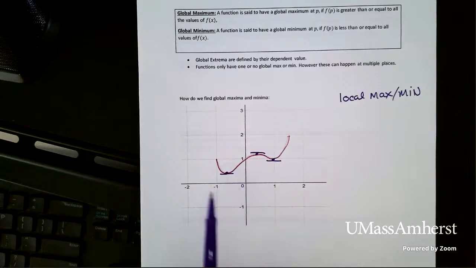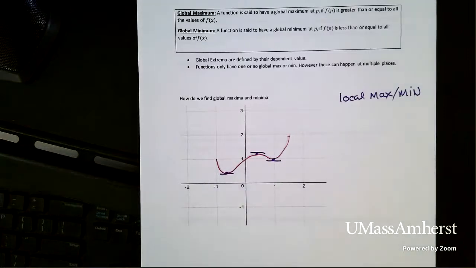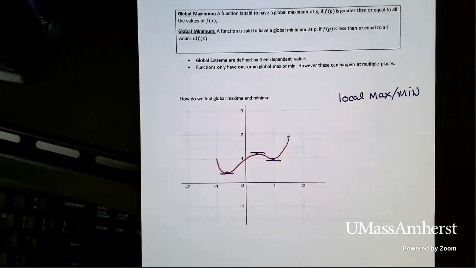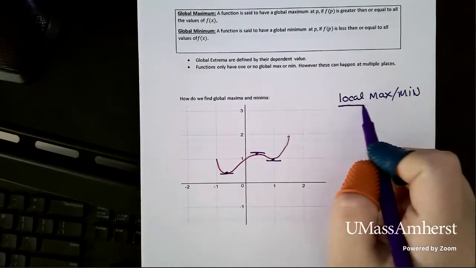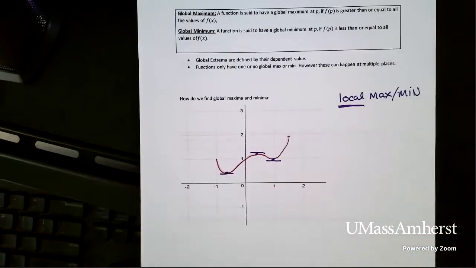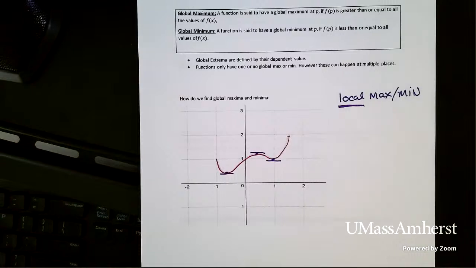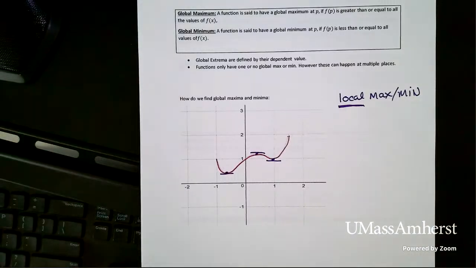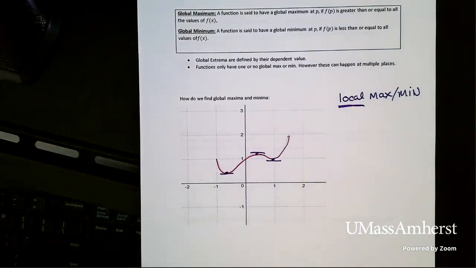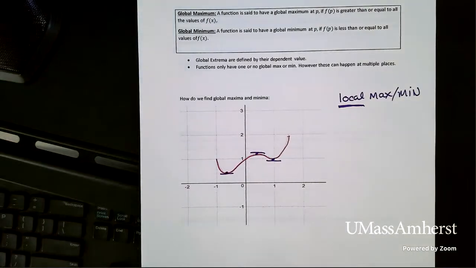And we said that it's a high or low point in a small area, right? That's what the word local told us. So now what we're going to be talking about is something called global maximums and minimums. So a global maximum, right?